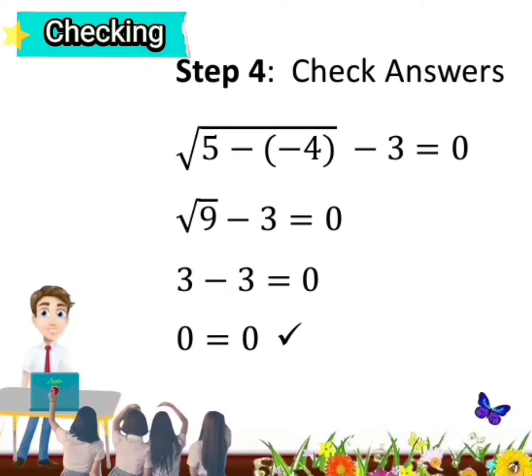And then simplifying it, we have 5 minus negative 4, it will become positive 9 minus 3 is equal to 0. And then getting the square root of 9, that is 3 minus 3 equals 0. So 0 equivalent to 0. So therefore, the answer is correct.